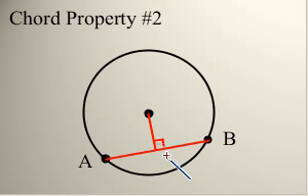So I could again draw that little symbol to indicate it's a 90-degree angle. So a line joining the midpoint and the center of the circle is at a 90-degree angle to the chord.